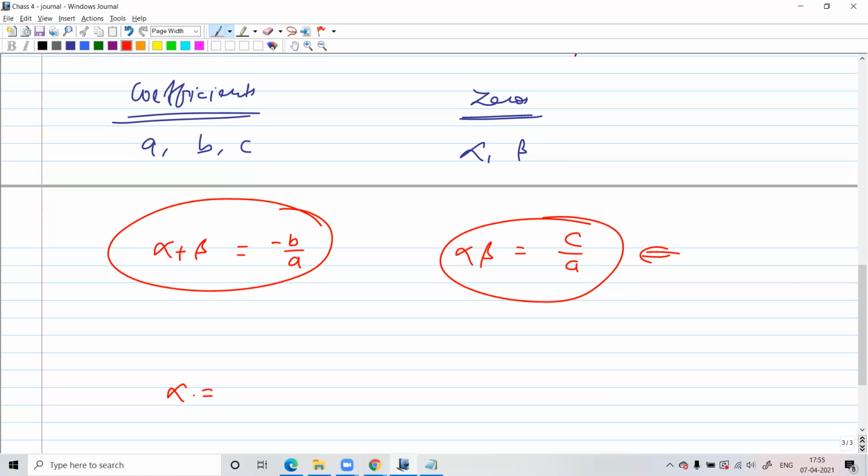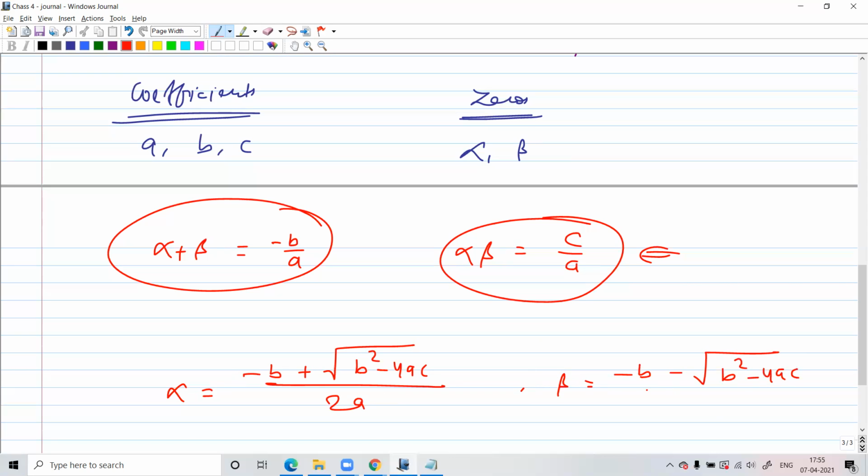Actually, we can directly find alpha using ABC. And the formula is like this. Alpha is equal to minus B plus square root of B square minus 4AC, by twice A. And in the same way, beta is minus B minus square root of B square minus 4AC, by 2A. Does it look scary?